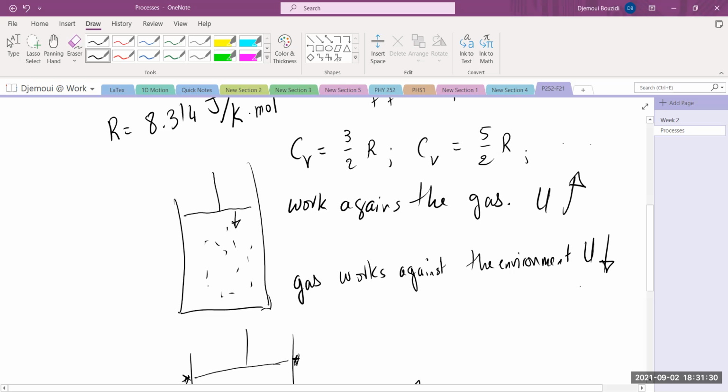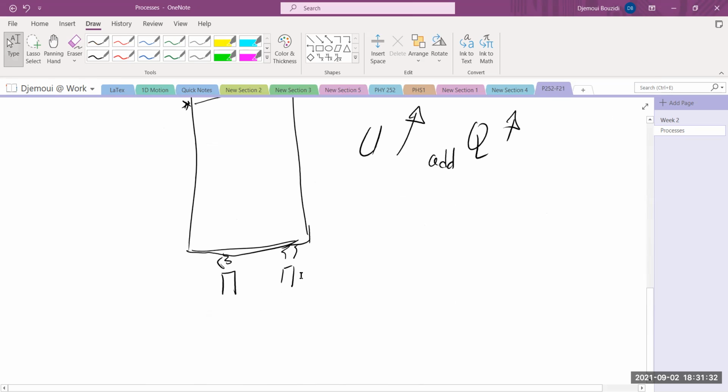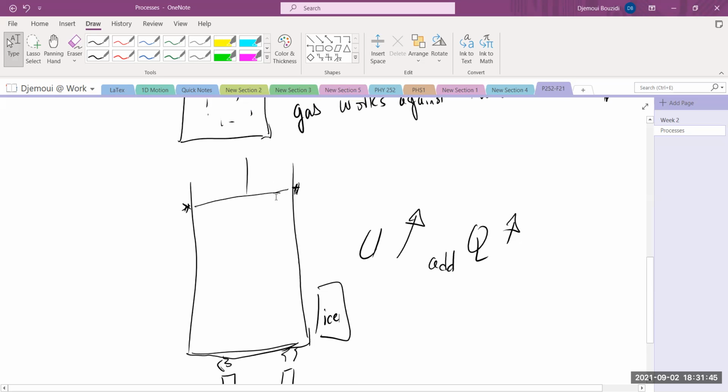Okay? If somehow, instead of putting it in contact with a heat source, I bring ice in here. Let's say, for example, this one was hotter than ice, then heat will escape, remember, from my gas to here, and it's going to cool down. In other words, its energy is going to go down.